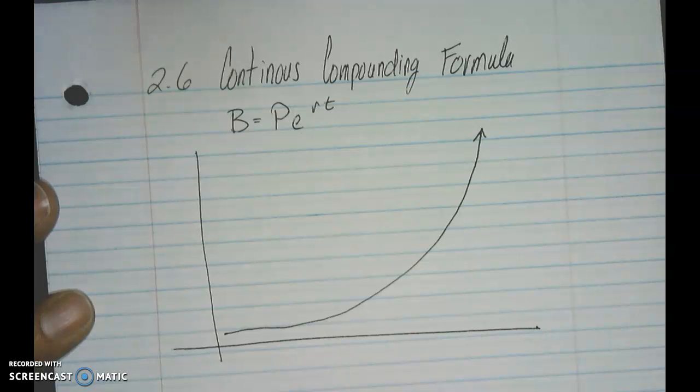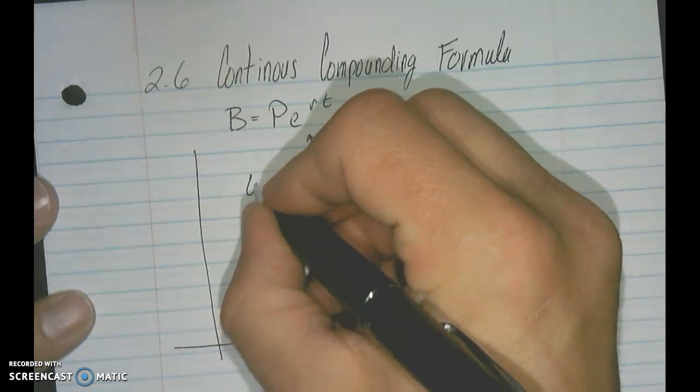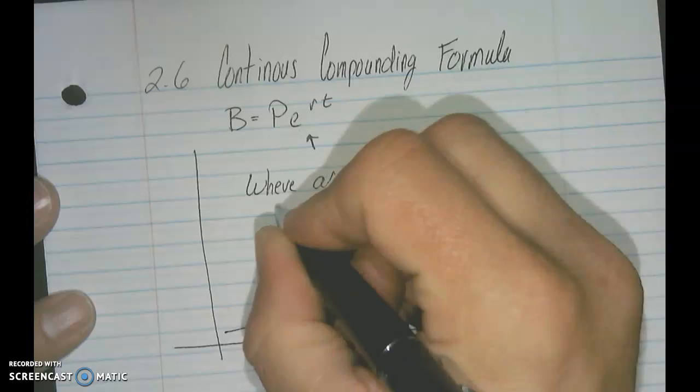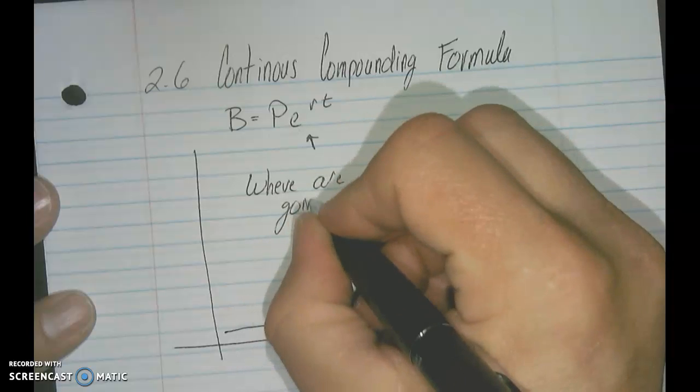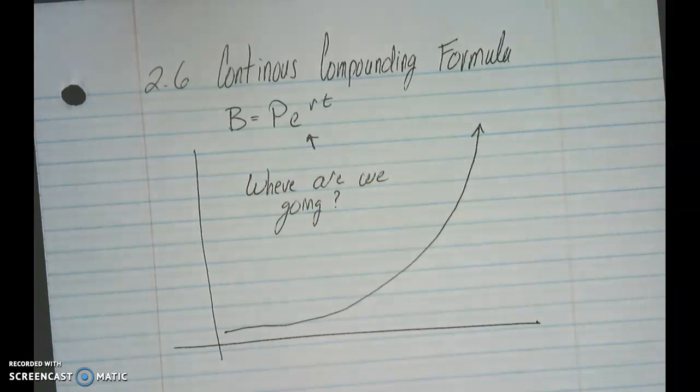So the idea of this is, where are we going? We can measure how much money we have at a certain time, but the overall idea is that we are going to be making lots of money, okay?